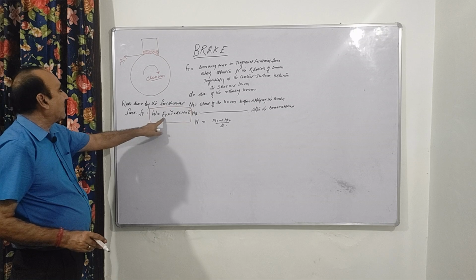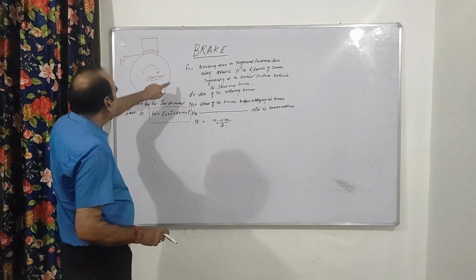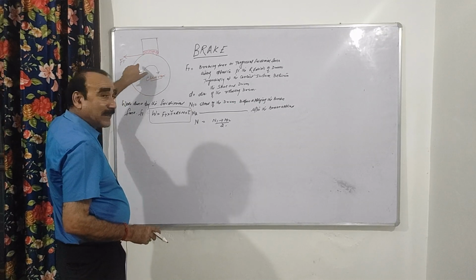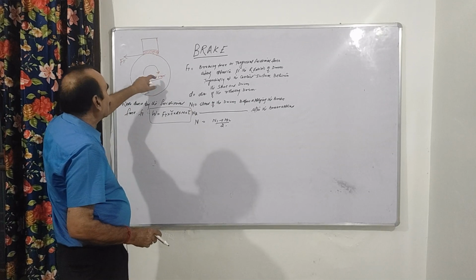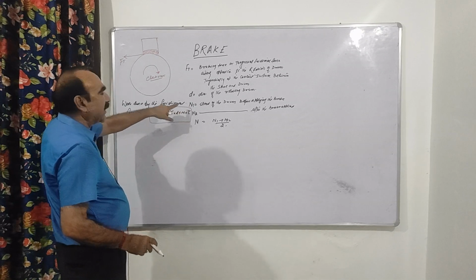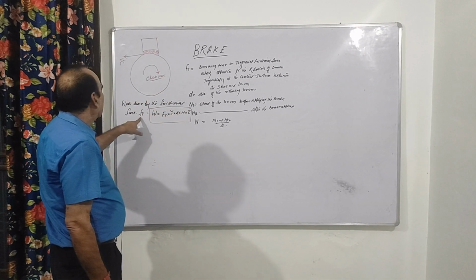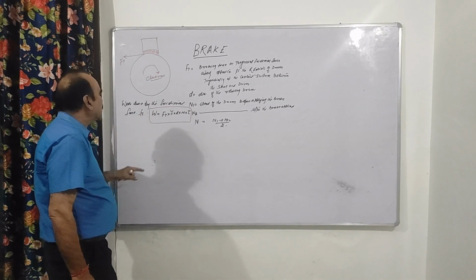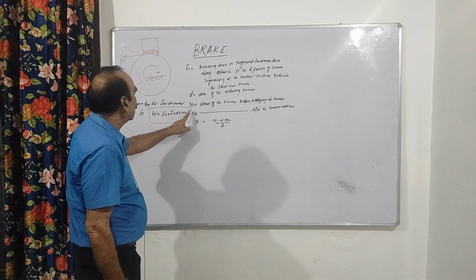W = Ft × π × D × N. π × D is the circumference of this drum, which is the rotating drum. N is the number of revolutions, and T is the time taken to apply the brake. So in time T, how much work is being done by this frictional force? W = Ft × π × D × N × T.